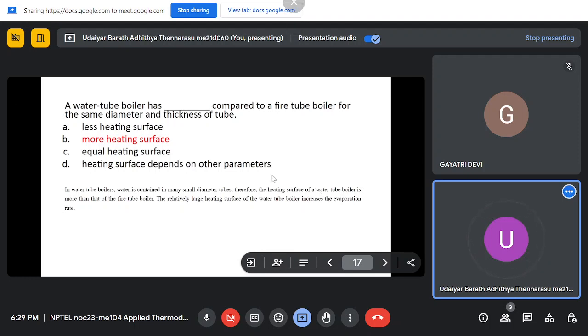So the heating surface of a water tube boiler will be more compared to a fire tube boiler. There will be a relatively larger surface area for heat transfer and hence more heating surface. So the answer is option B.